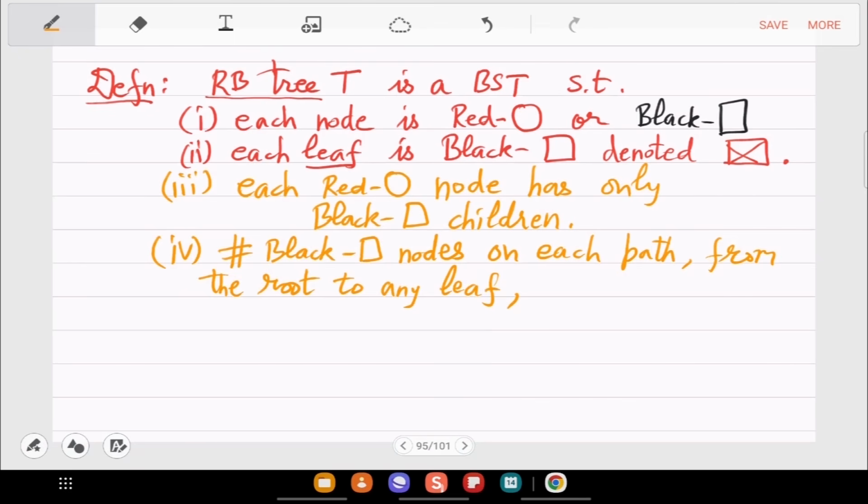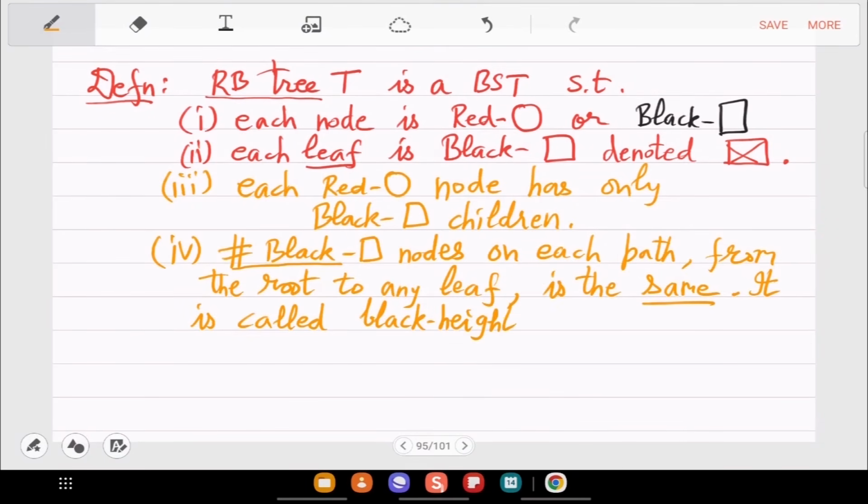On any path from root to leaf, you want the number of black nodes to be the same. This number is called the black height, BH of T.